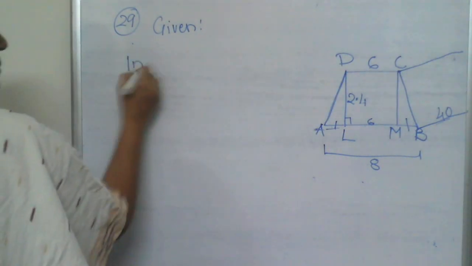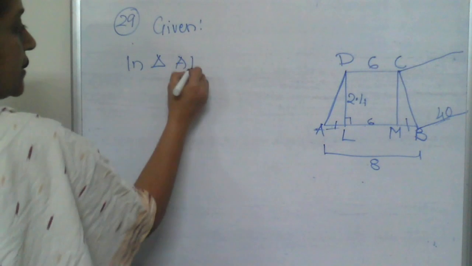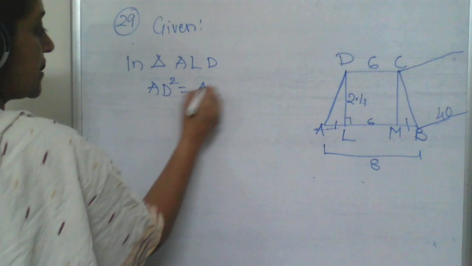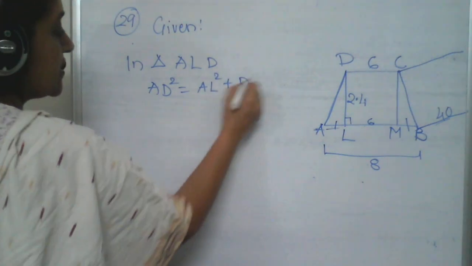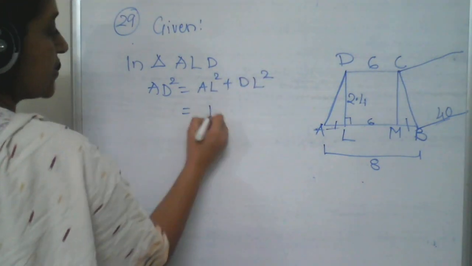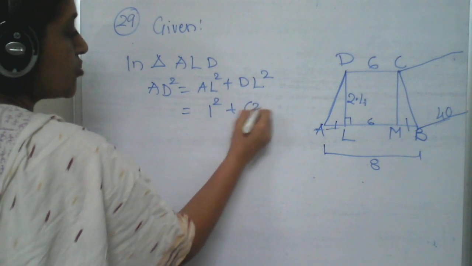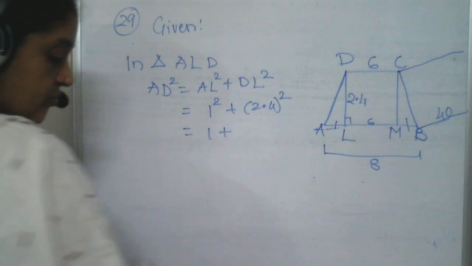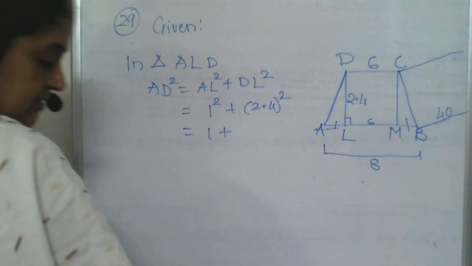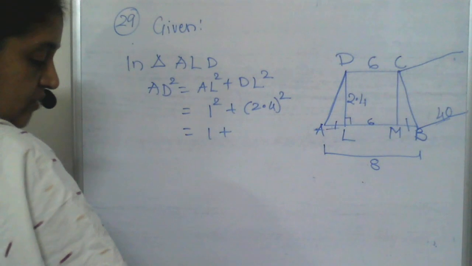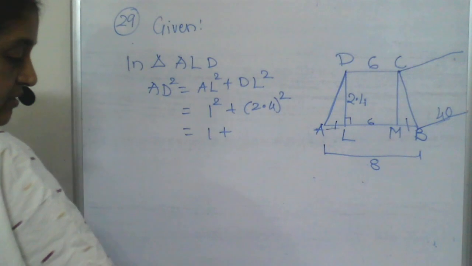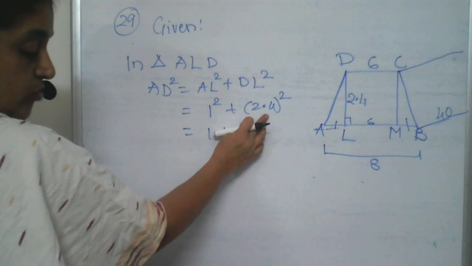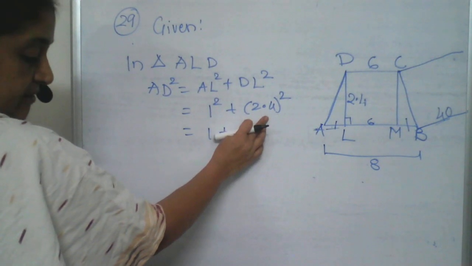So in triangle ALD, AD square is equal to AL square plus DL square. AL is 1 square plus 2.4 bracket square. So 1 plus, do you know what 2.4 square is? 2.4 square we need.